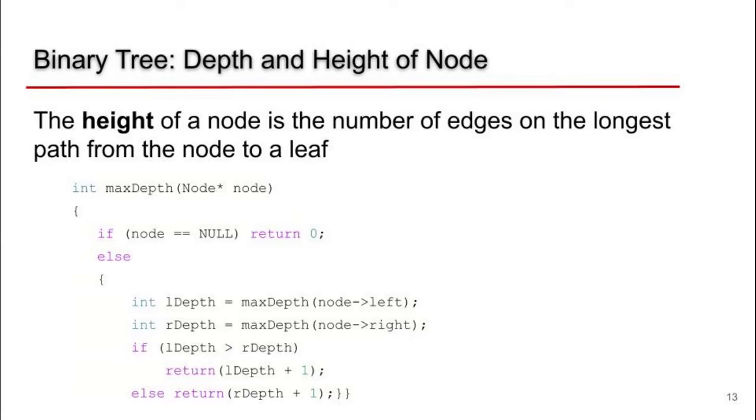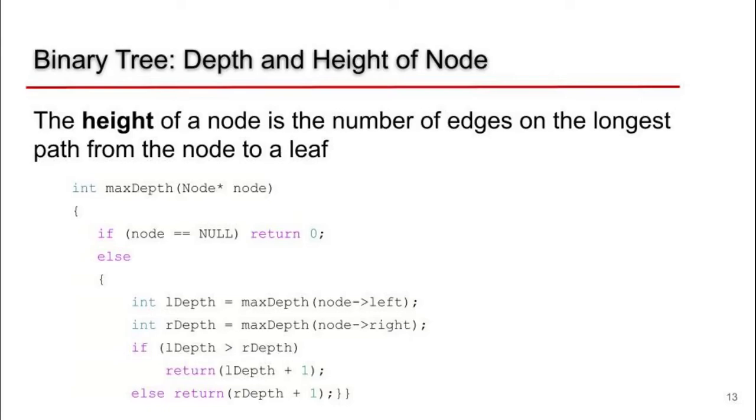Okay? So in this case, left and right are equal. Actually, obviously if they are equal, it will return the right, because in this condition you are checking left and depth.